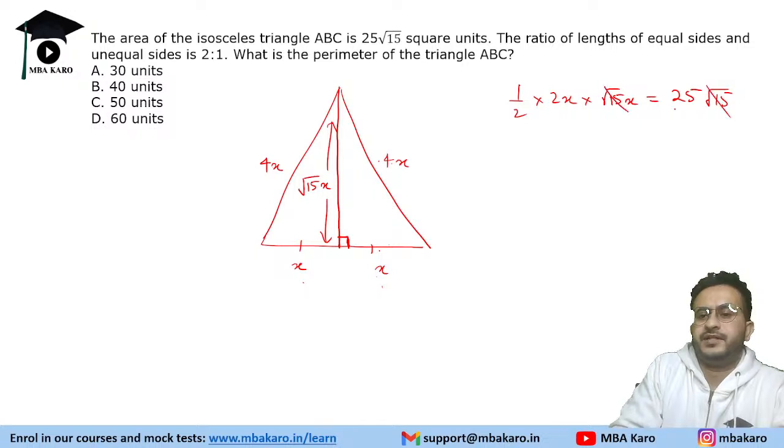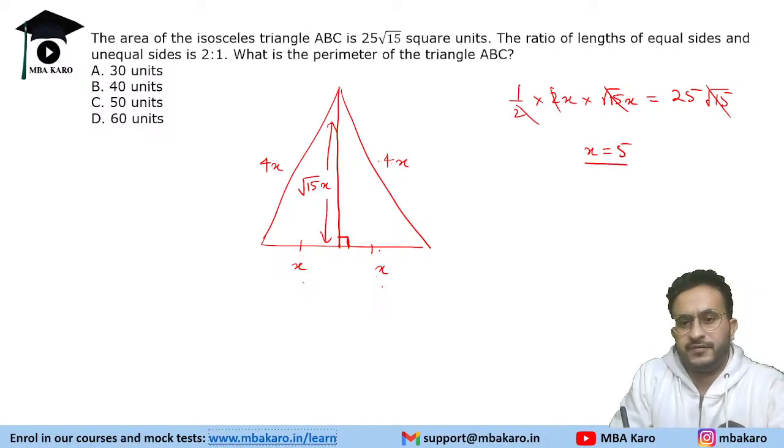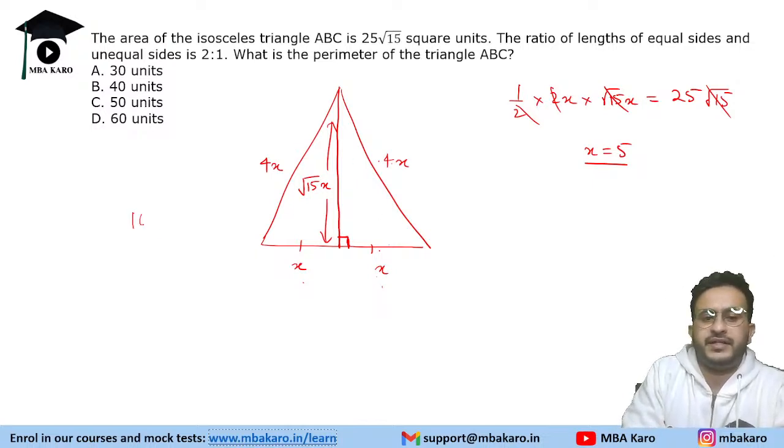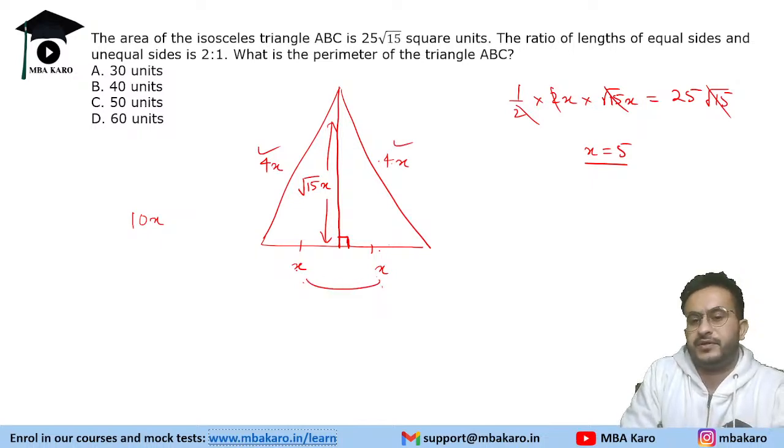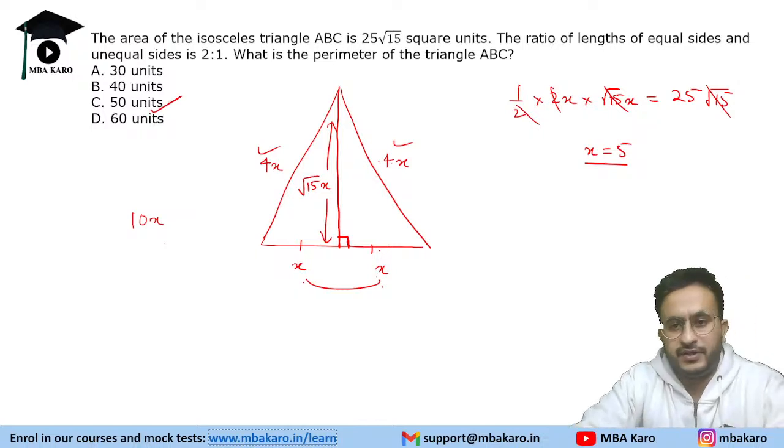Okay, the root 15 cancels out. x square is 25, so we get x equal to 5. So we have to find the perimeter. What is the perimeter of this triangle? 4x, 4x and 2x. The total side length is 10x, so it will be equal to 50 units.